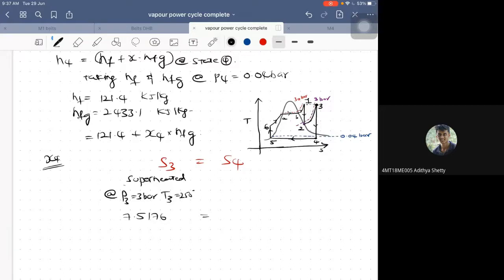Now, coming back to S4 here. S4 is in which state? Wet region. It is in the wet region. So if it is in the wet region, how will I calculate my S4?